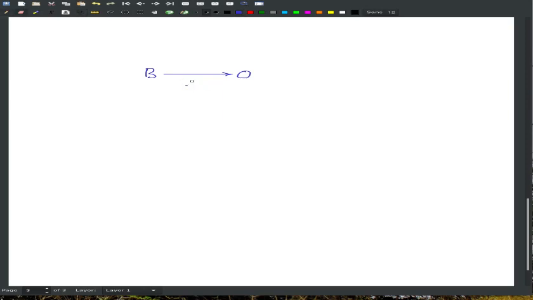Oh, it should be like this, 0, it's from B, so something like this. Now let me write it like this, 0B. So what is this? I want to look into this.